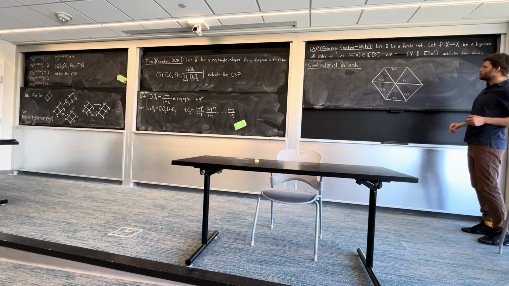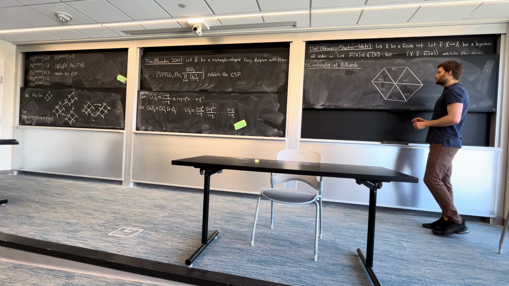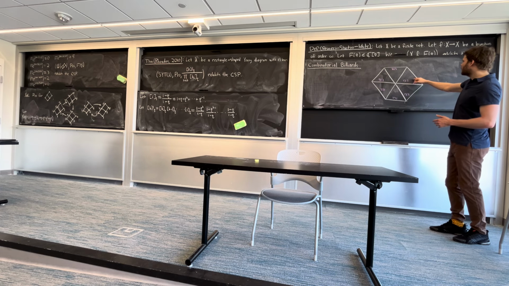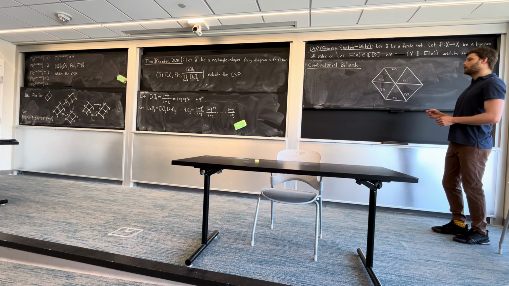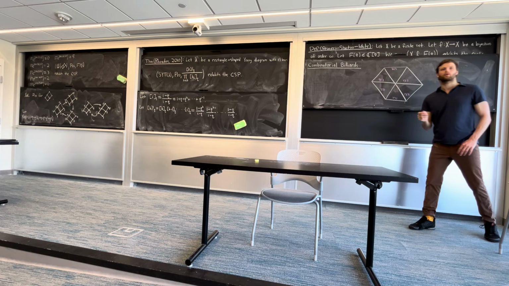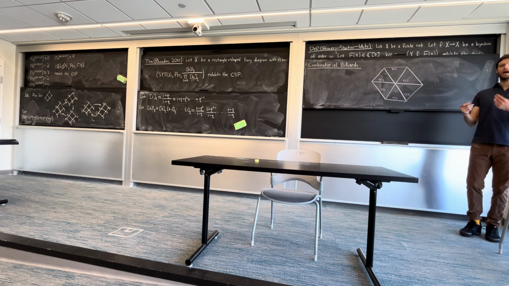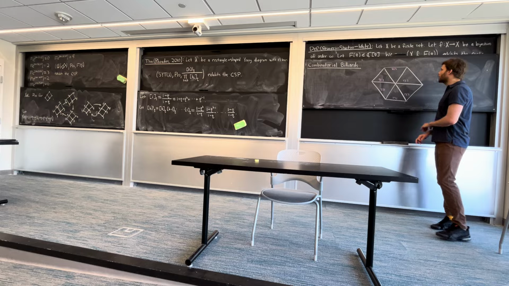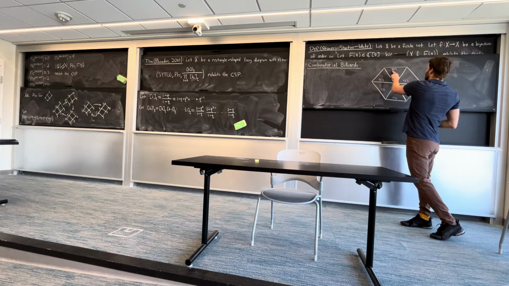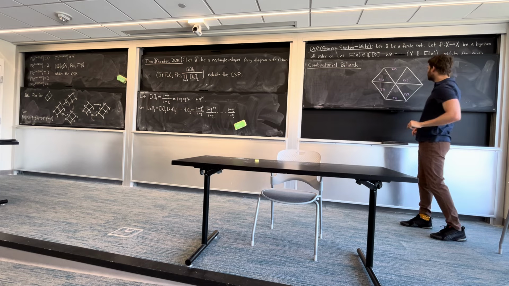I can explain more in a minute how you get this, but basically the rule is that I picked some triangle to be the identity permutation, and then passing into an adjacent triangle corresponds to swapping two adjacent numbers, swapping i and i plus 1 for some i. So here I swapped 1 and 2, here I swapped 2 and 3, here I swapped 1 and 2 again, here I swapped 2 and 3, here I swapped 1 and 2, and then I swapped 2 and 3 again.